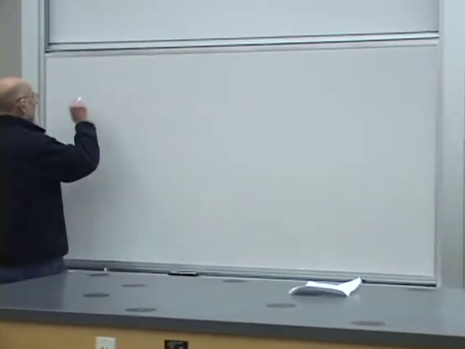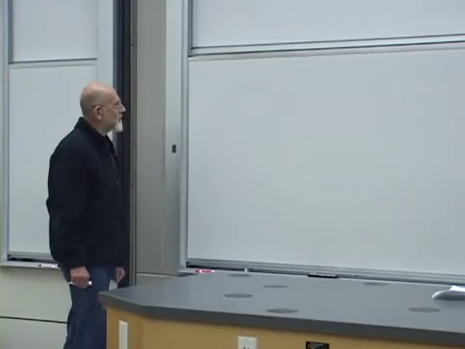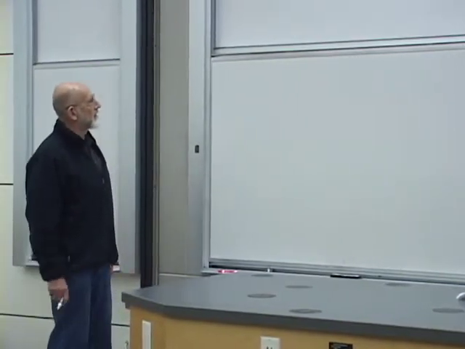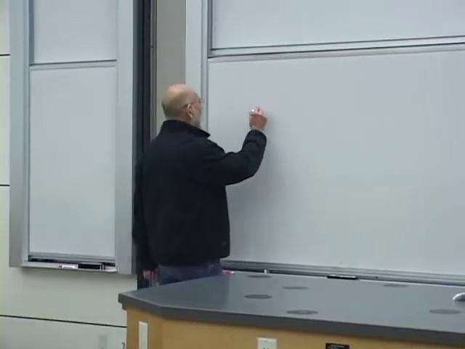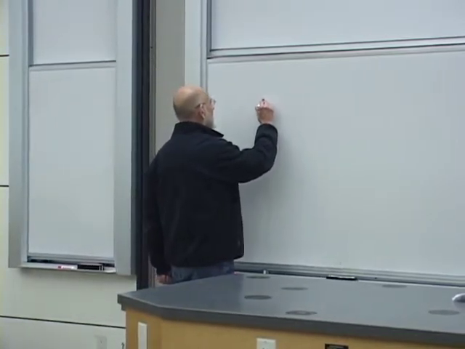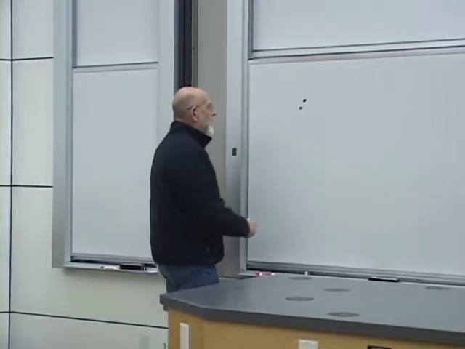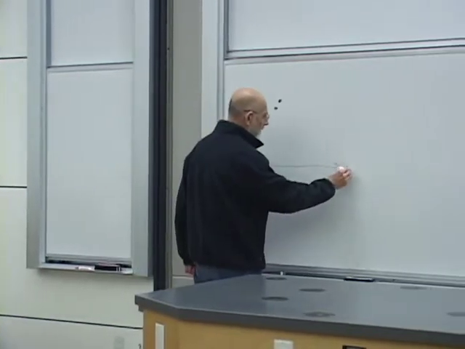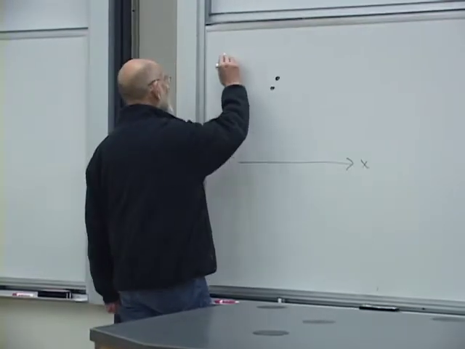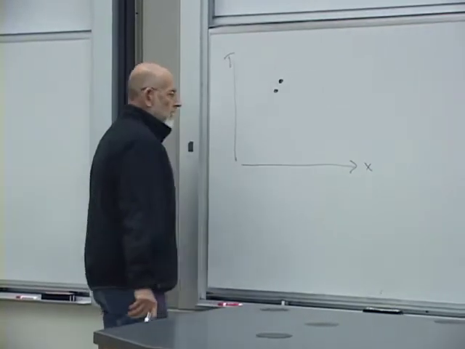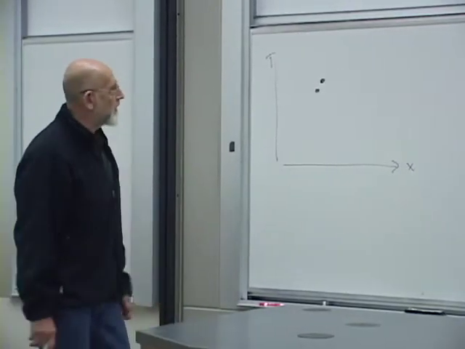And the metric is just, if we take 2 points in space and time, 2 neighboring points in space and time, let's call this the x-axis, let's call this the t-axis, and there's 2 more axes coming out of the blackboard.